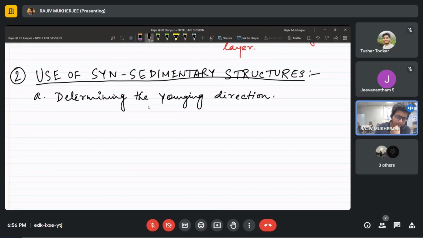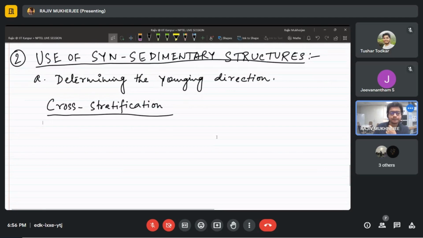There are different ways. Say for example, cross stratification.